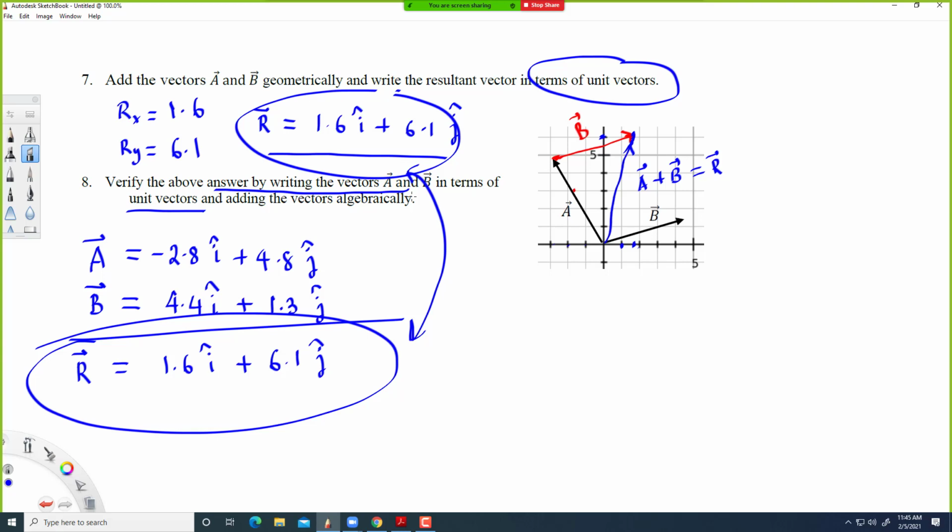So let's look at number 9. Define vector A, which is 5 units at 30 degrees. Determine the components ax, ay in 3 coordinate systems shown below.